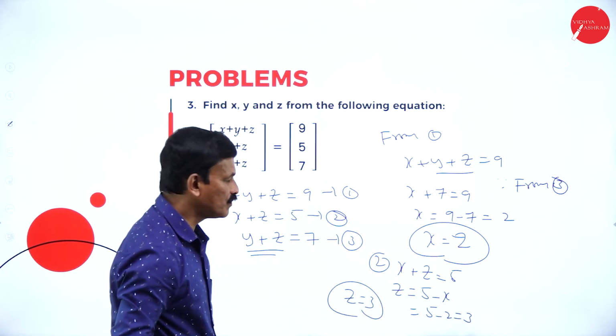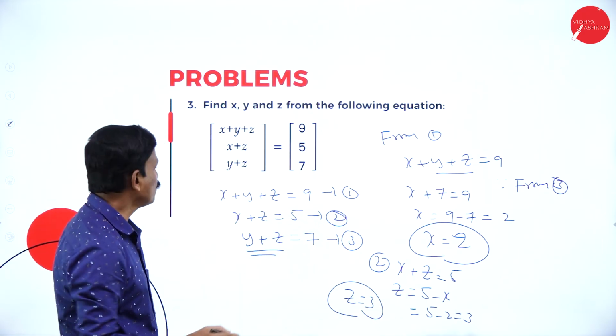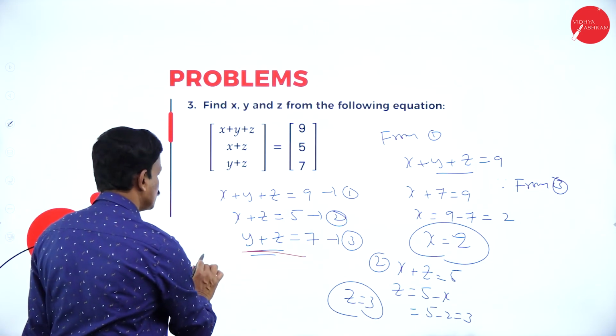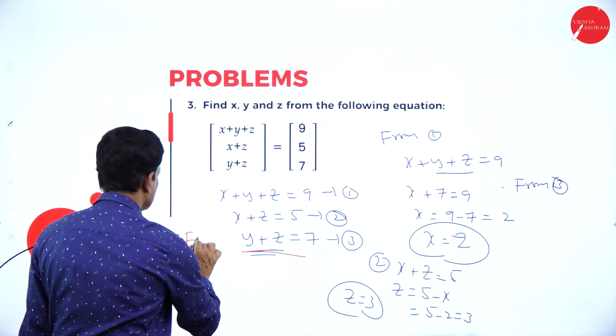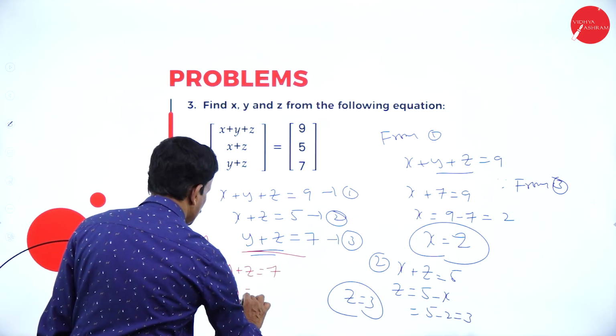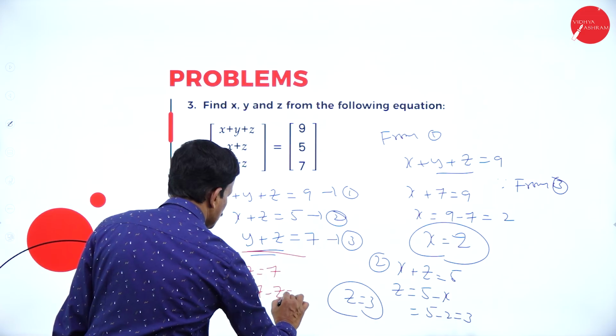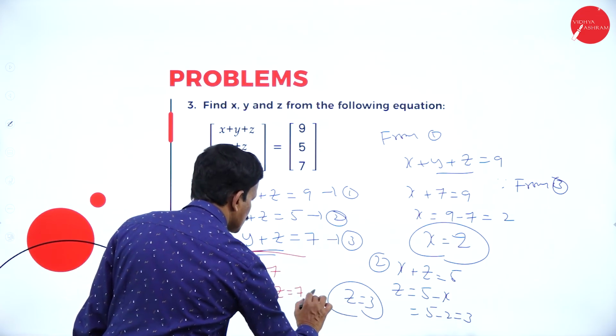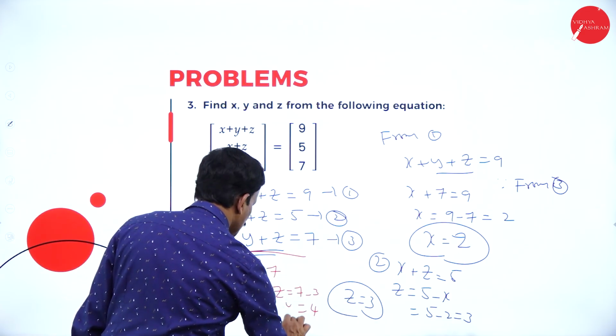And get the value of y then. From equation 3, y plus z is equal to 7. Therefore, y is equal to 7 minus z, that's 7 minus 3, that's equal to 4. y is equal to 4.